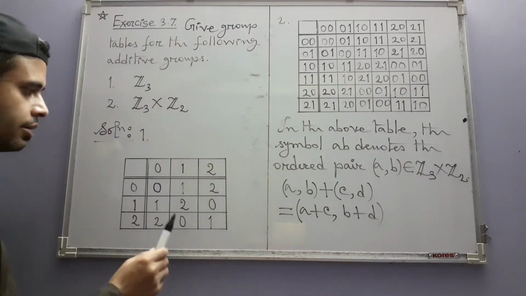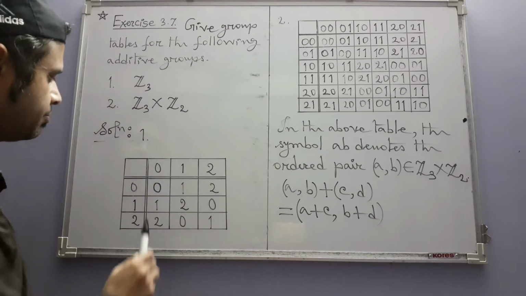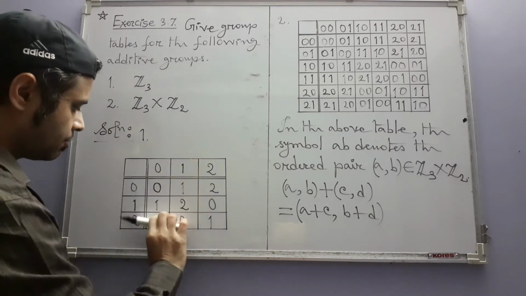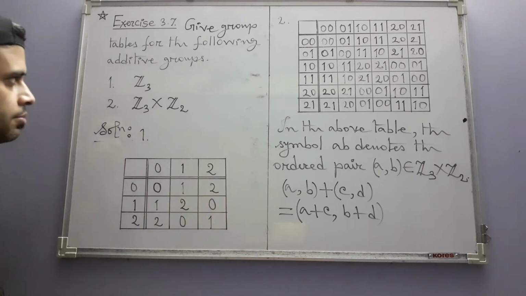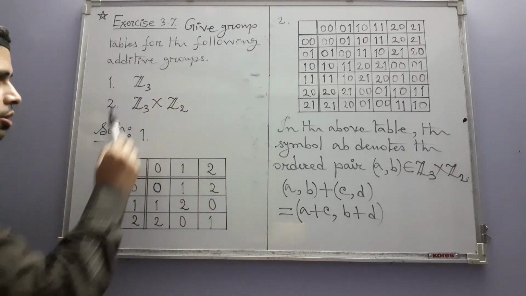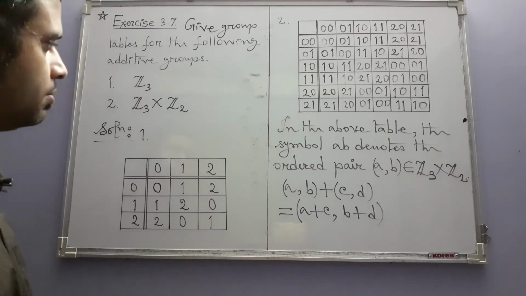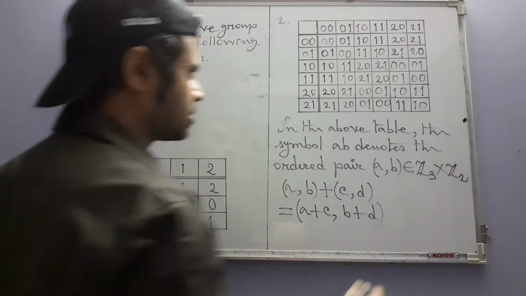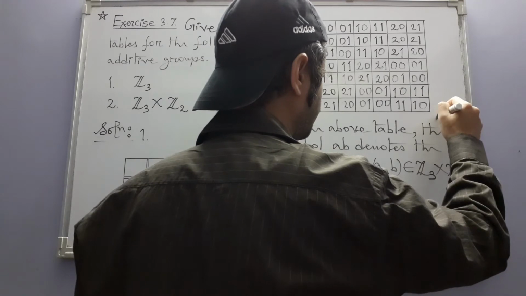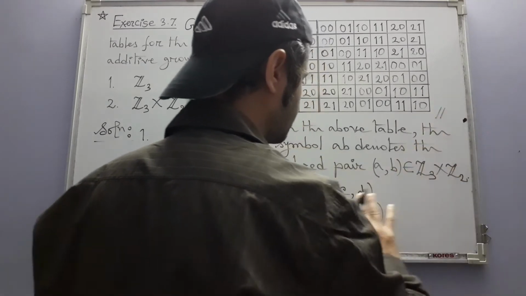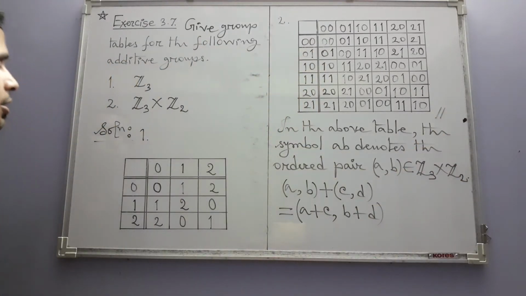Just like that here also. So you need one more 1 2 3 4 1 2 3 4, because its order is 3. Order is the number of elements in a group. So that is the solution. The solution actually ends here, but of course these extra things are there.